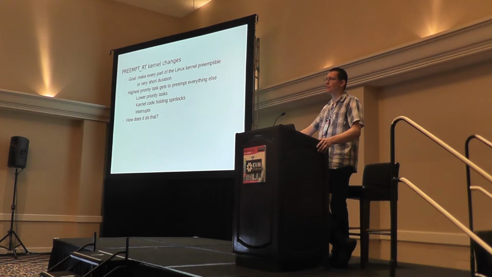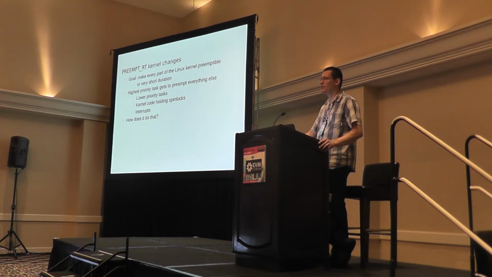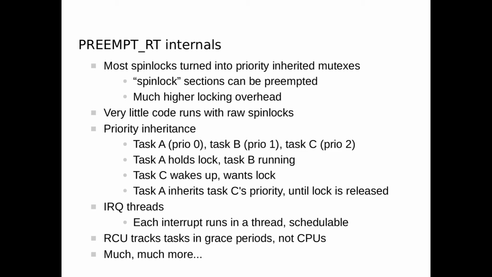And this is necessary in order for the highest priority task on a CPU to preempt everything else. Not just lower priority tasks, but also kernel code that is holding a spin lock or interrupt code. How do you do that? Let's take a look.